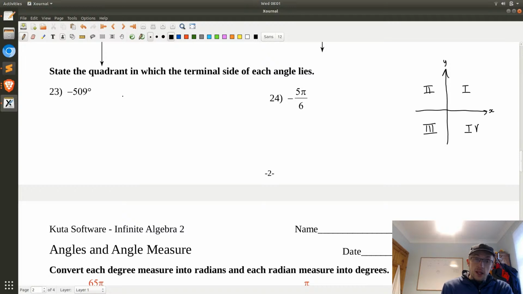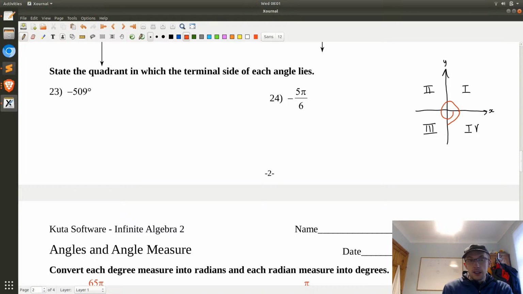So, negative 509 degrees means that it's going to go clockwise, and it's going to be 360 degrees as a full turn, and then 450.